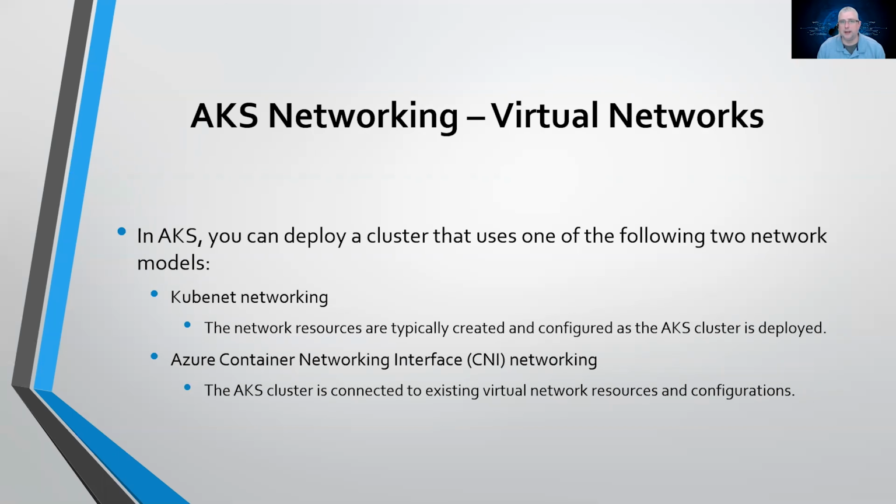Nobody cares because it's all NAT. Now, when you get into CNI, the container networking interface, it's more of a flat network. Nothing can overlap, and you really have to base this on how you're going to do your pods. It takes a lot more planning, but you do get some more advanced security features.